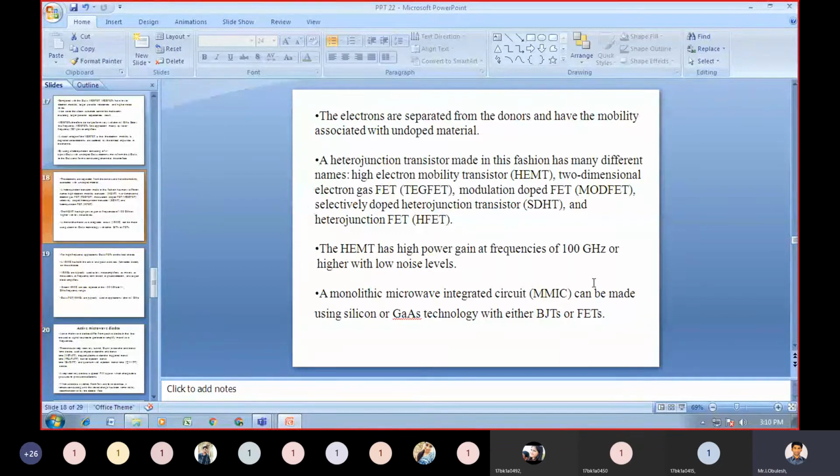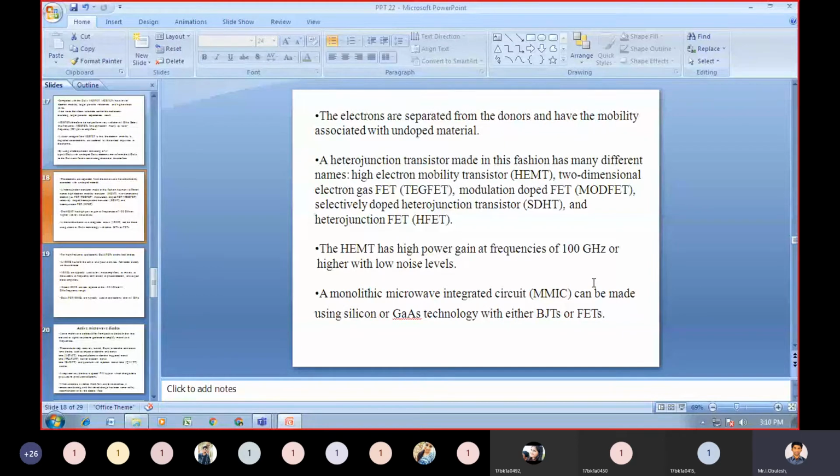Many names we have for heterojunction transistors. So the high electron mobility transistor, HEMT, has high power gain at frequencies of 100 GHz and higher with low noise levels.